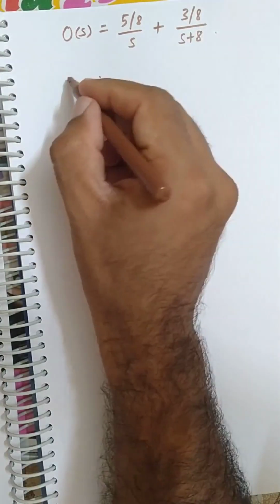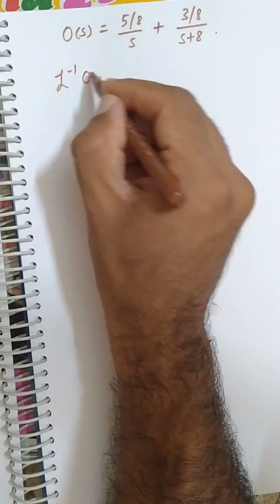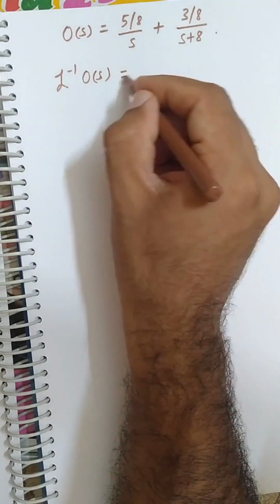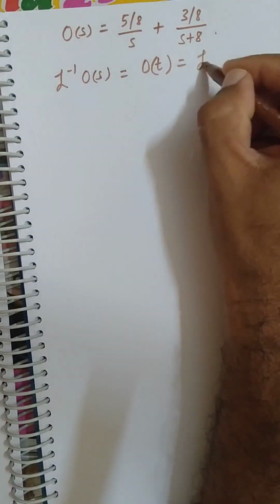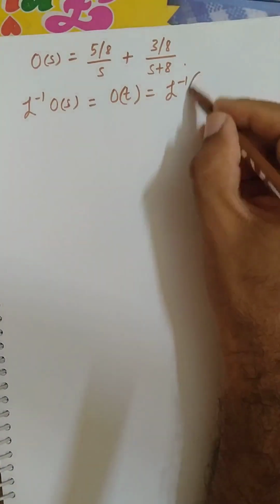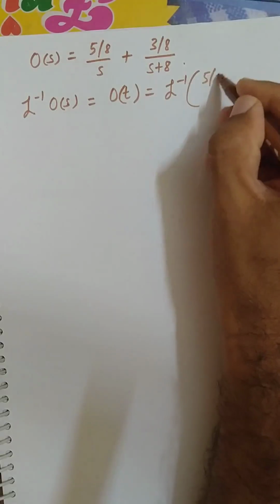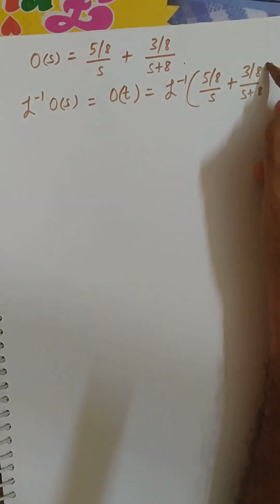So now I take inverse Laplace transform of C(s), which would give me c(t), which is equal to inverse Laplace of this, 5 by 8 upon s plus 3 by 8 upon s plus 8.